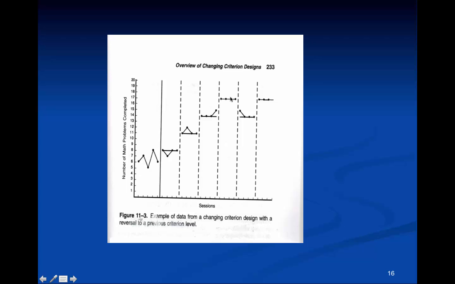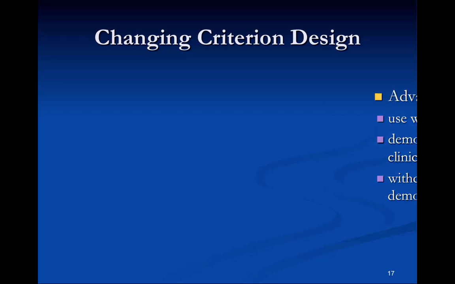So now we're saying, okay, you only really have to do 15 to get this intervention, this reward, if you will, and the person drops to 15 instead of staying at 17. Great, you've demonstrated control, and it's not a complete reversal. You're not dropping it out, but you're demonstrating a functional relationship. I think this is clearly a stronger design, and if you're going to use a changing criterion design, you need to demonstrate some kind of control with a reversal to a previous criterion level.